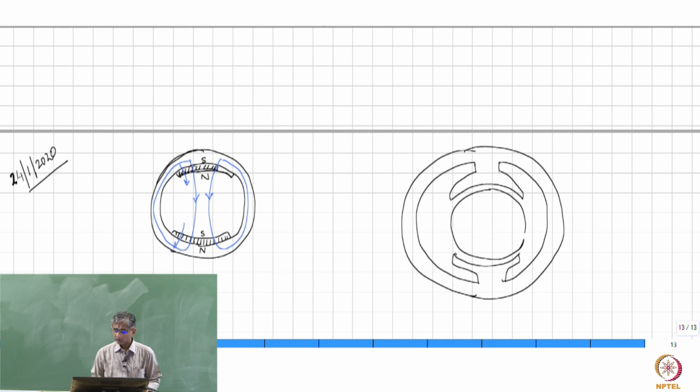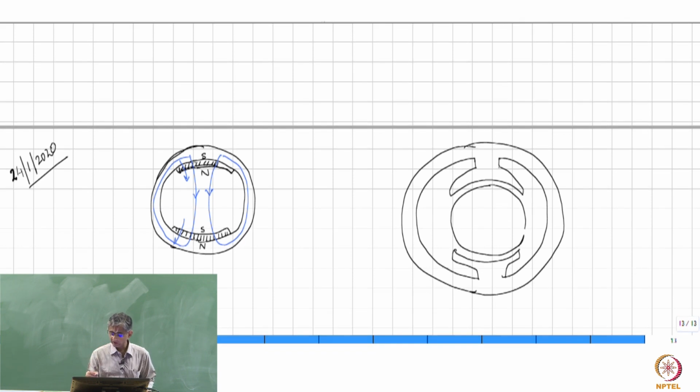Here, if you want to generate a magnetic field, what you can do is put several turns of some conductor, bring this out, put several turns of conductor here, bring this out. These two you simply connect in series, so that whatever current you send here will be the same current that flows through this, and you can connect a DC source here.